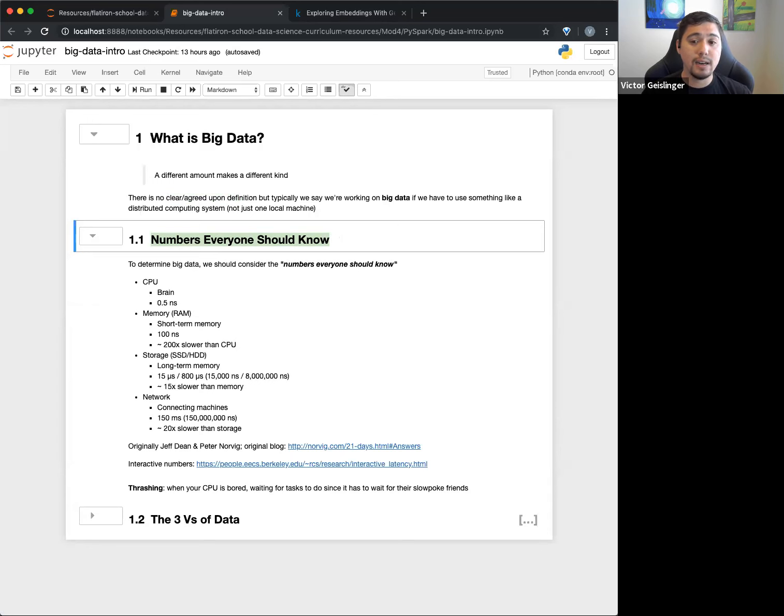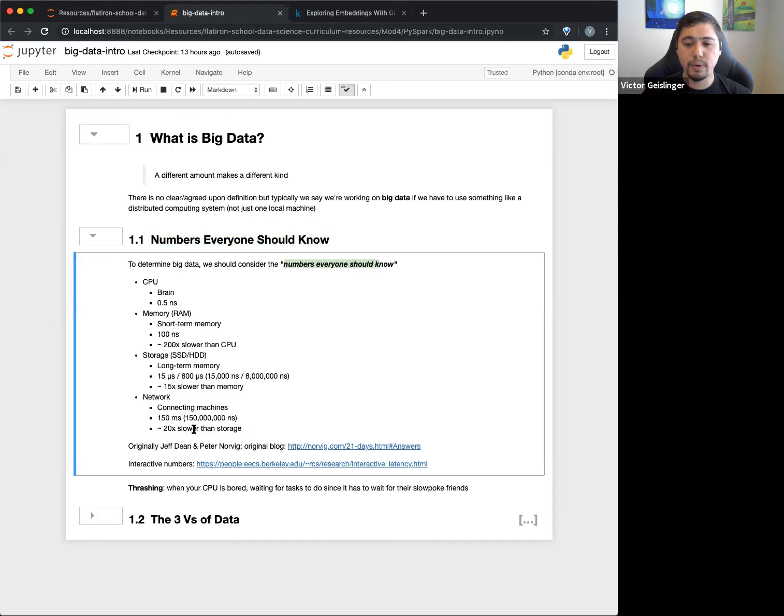The general idea is that you have 4 different parts: your CPU, your memory (RAM), your storage, which is like your SSD, sometimes you can think of it like a hard drive, the magnetic drive, and then your network. Those are essentially the 4 parts of a computing system, and they're referenced as things everyone should know.